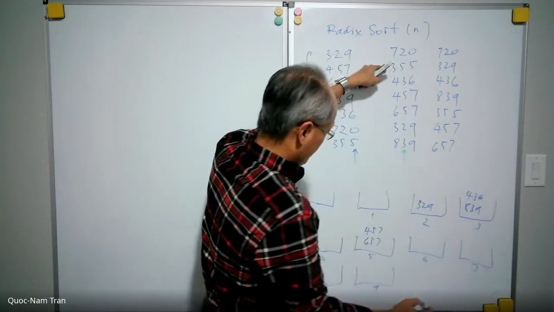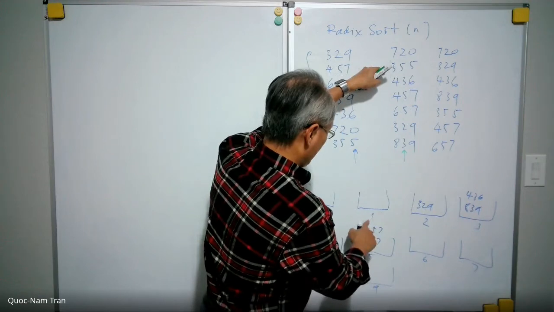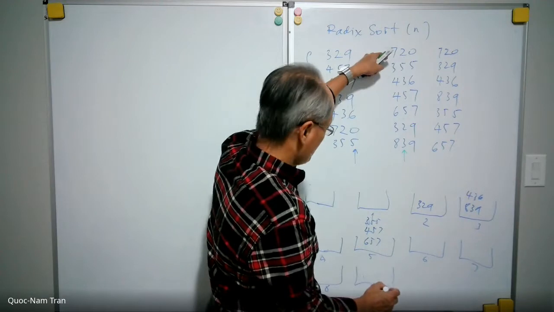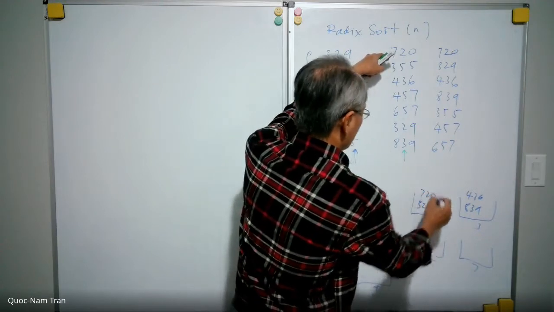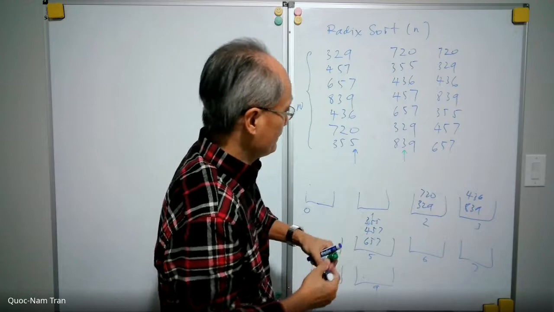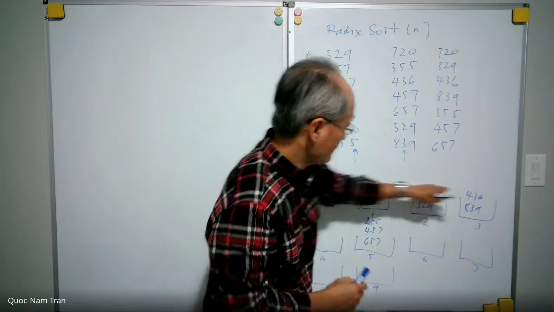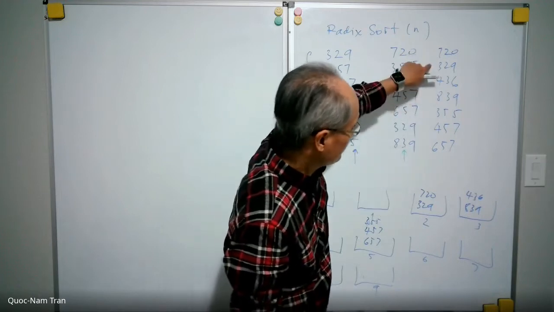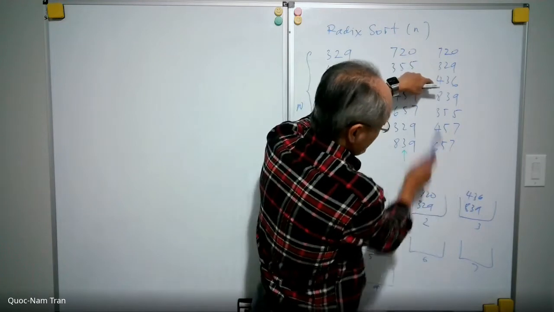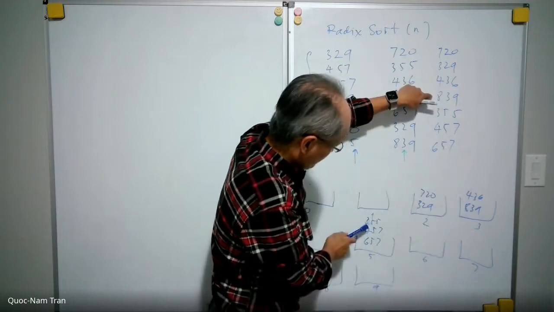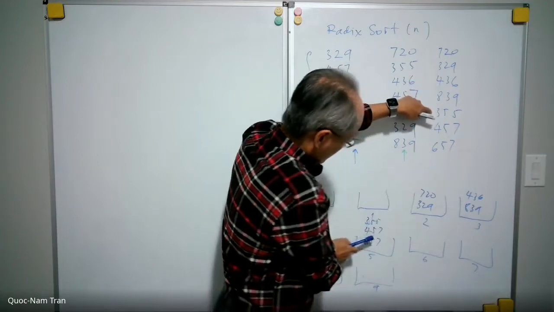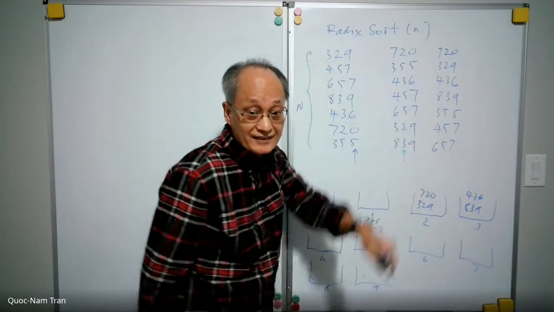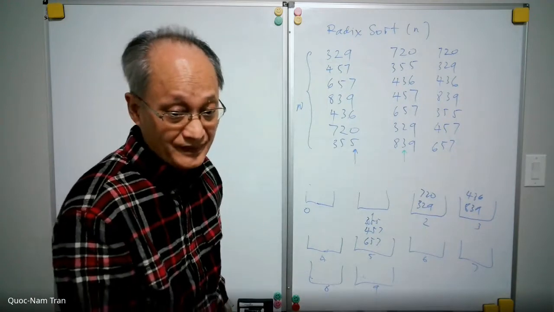Okay. 355, and then 720. So we will write down here, from bucket 0 to bucket 9: 720, 329, right? And then 436, 839, okay, 355, 457, and 657. Okay, so that is what we have.